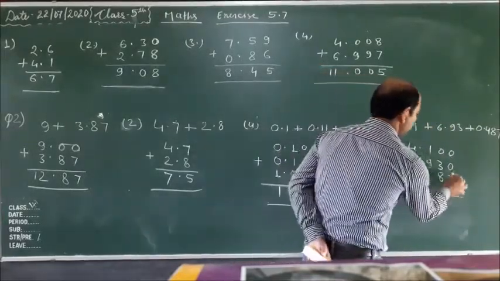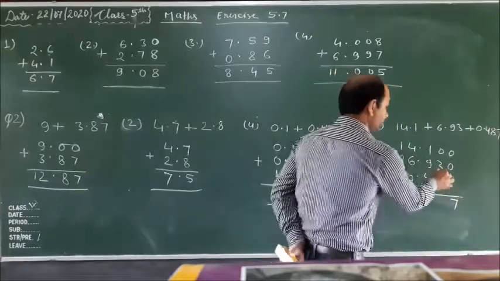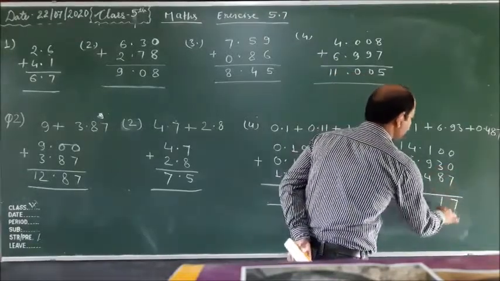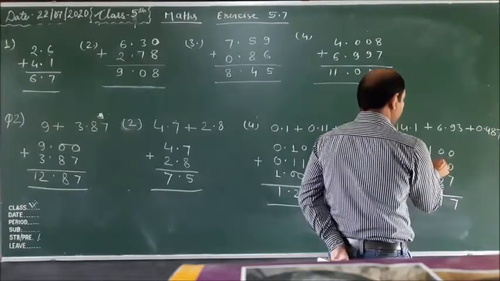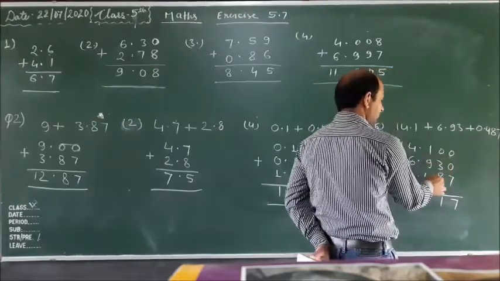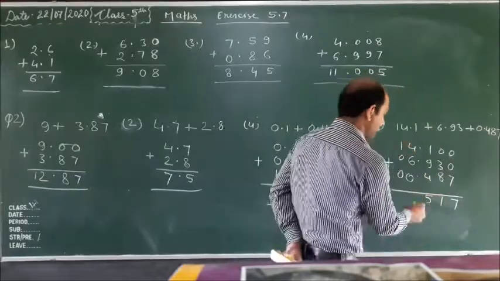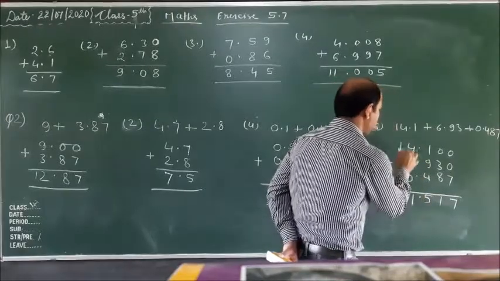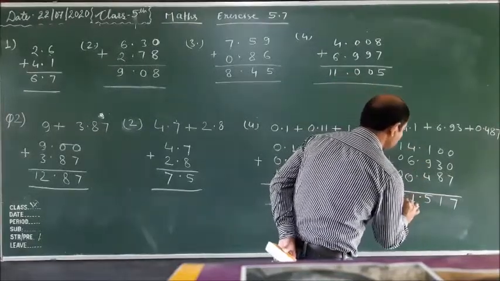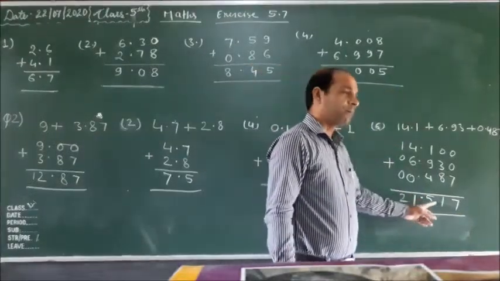Now 8 plus 3 equals 11, 1 carry 1. 9 plus 1 is 10, 10 plus 4 is 14, 1 carry, 15, 5 carry 1. 6 plus 4 is 10, 1 is 11, 1 carry 1, and 1 plus 1 is 2. The answer is 21.517.